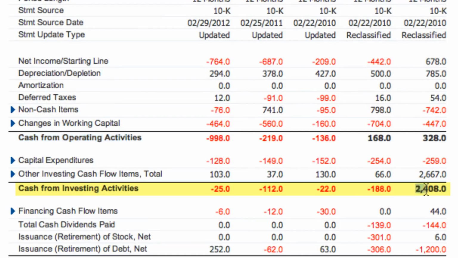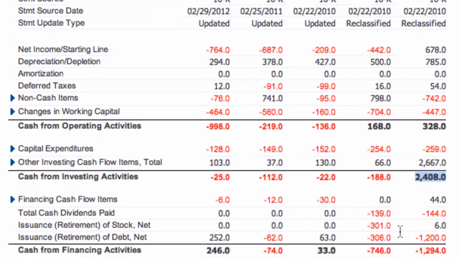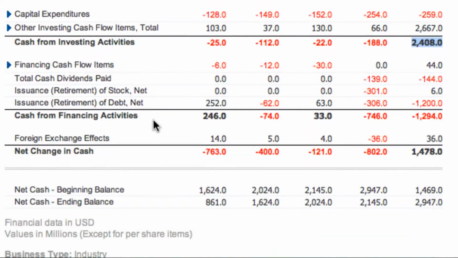So you could have known something was up right there in 2007 whenever they started selling all their assets. That's a real good sign that things were going sour back in 2007. Then when we go down to the financing activities, you can see that the positive number here is really bad because that means they're just taking on a bunch of debt.